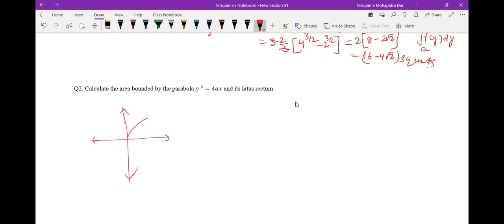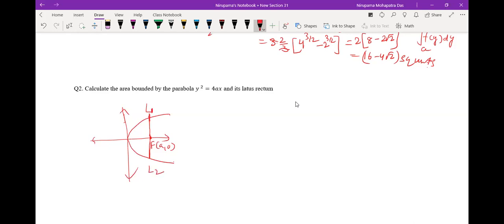This is your y square equal to 4ax. Whenever you take y square equal to 4ax, this is the focus, (a, 0). The latus rectum is the line passing through the focus perpendicular to the axis of the parabola. So it is L1 L2, the latus rectum.